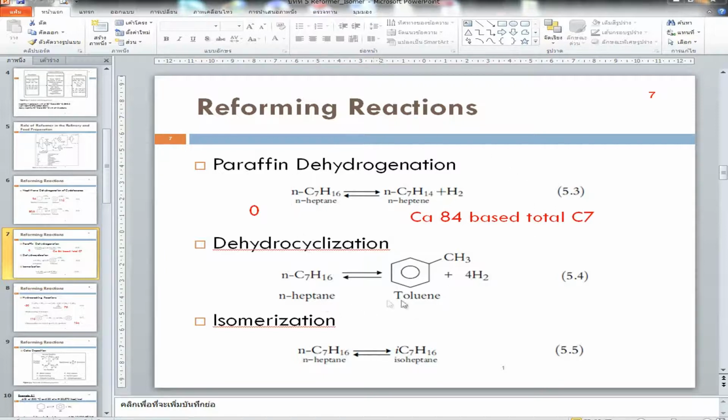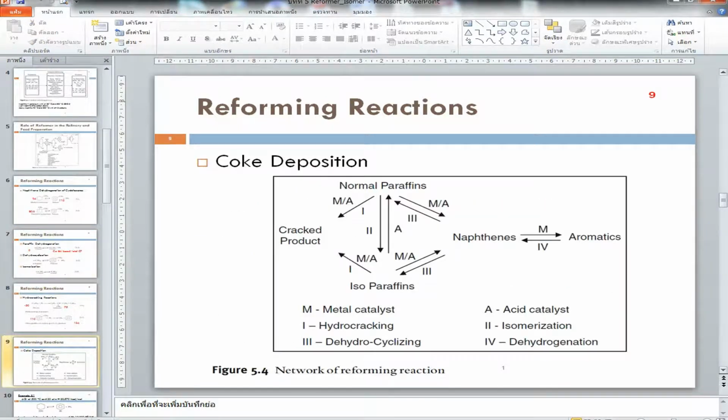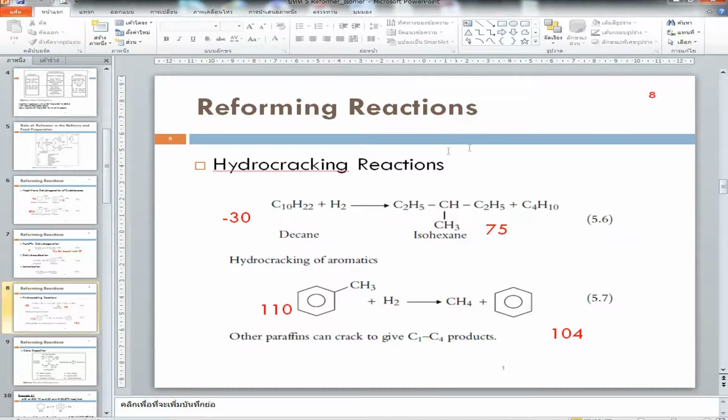Those examples are about reforming by dehydrogenation or cyclization. However, we have another two reactions that can improve the quality of the octane number. One is isomerization and the other one is the hydrocracking process.